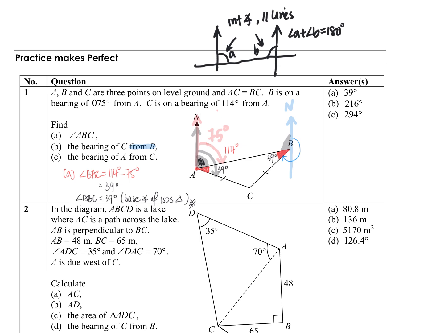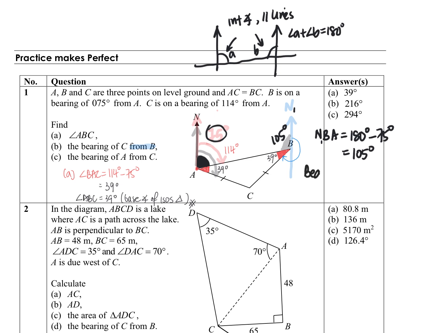So I could actually find NBA. Let's call this N1. N1BA is 180 take away this angle, which I know is 75. So this is 105. Okay? So knowing that this is 105, and this is 39, I can find the bearing by using 360 degrees to subtract 105 and 39.